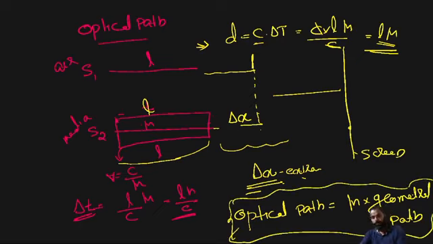Optical path is mu times geometrical path. Next I'm going to introduce that glass slab in the YDSE experiment. So I'm going to introduce a glass slab in the YDSE experiment, a modification of YDSE.